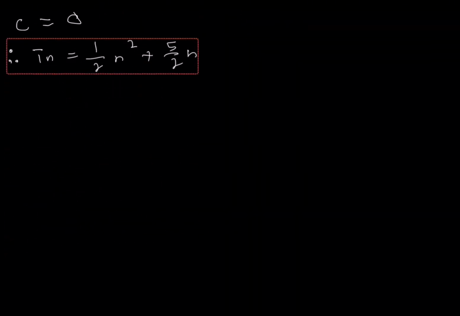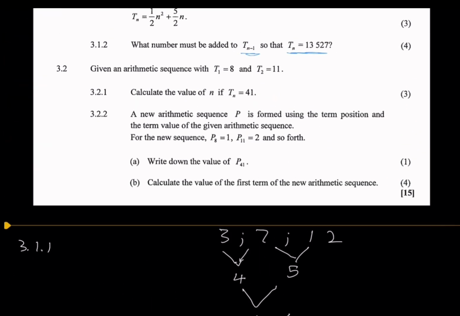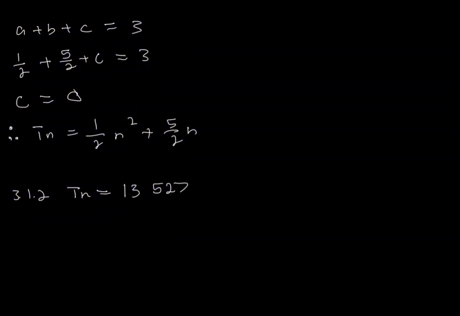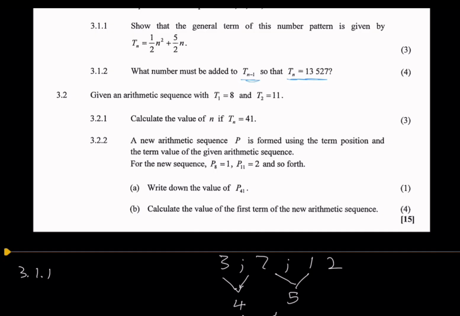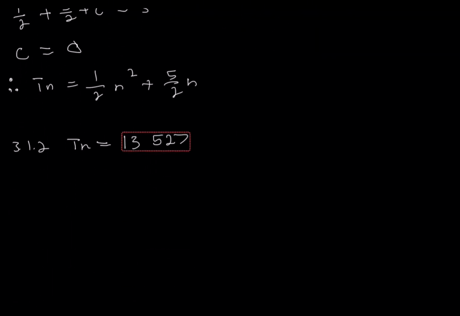We see Tn is equal to 13,527. This is what is given. And they want us to find a value whereby when you add it to Tn minus 1, it will give you Tn equal to 13,527. So, without wasting time, let us attempt the question.